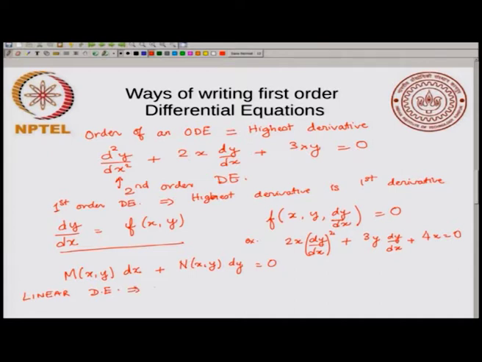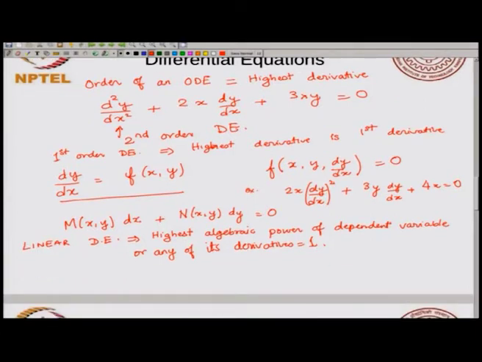It implies the highest algebraic power of the dependent variable or any of its derivatives is equal to 1. So, a linear differential equation means the highest algebraic power of the dependent variable or any of its derivatives is equal to 1.